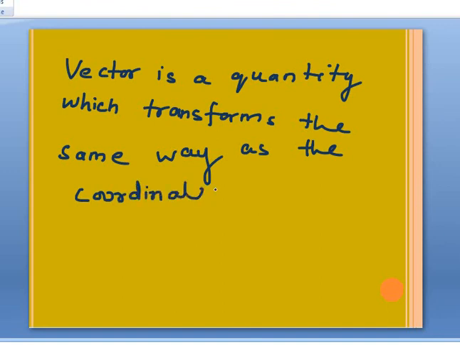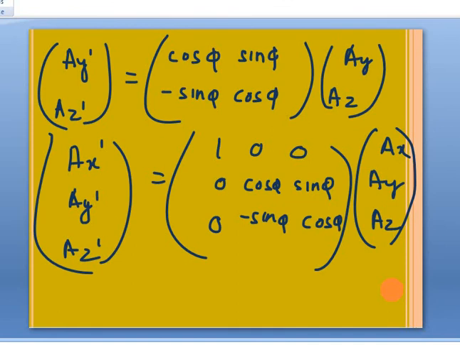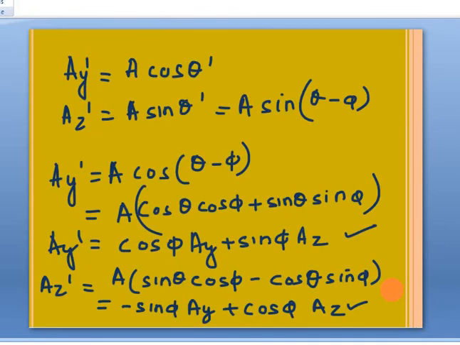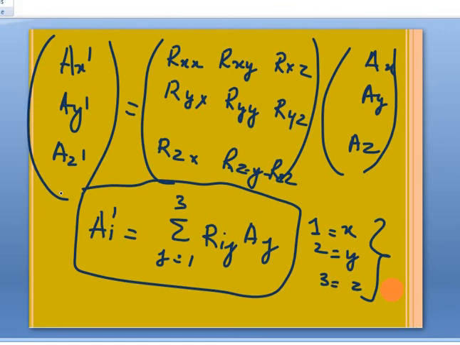I hope I have tried to convince you all that whenever there is a shift in coordinates, the vector will change, and the new vector and the old vector will be related by this, because here the transformation was a rotation, so it will be related by a rotation matrix. Sometimes the transformation can be inversion and many other operations, and they will be represented by the corresponding matrices.